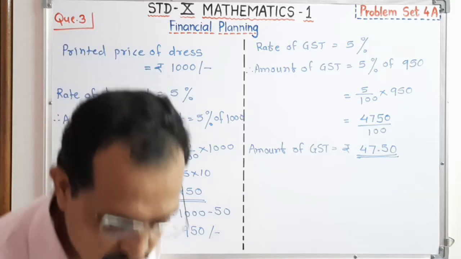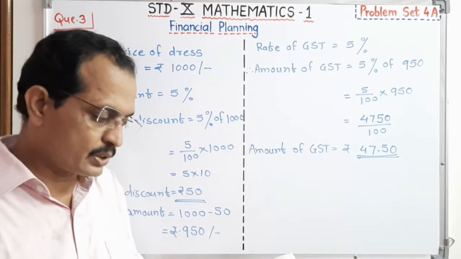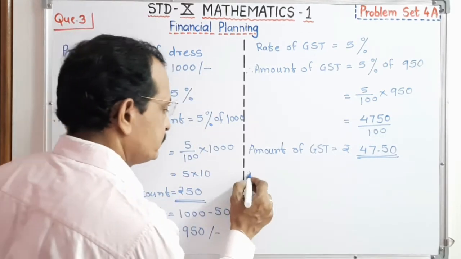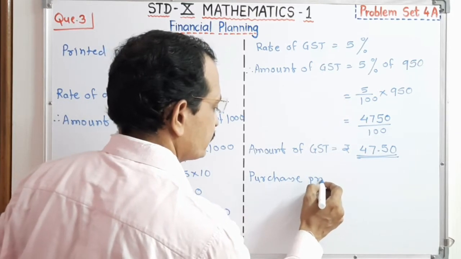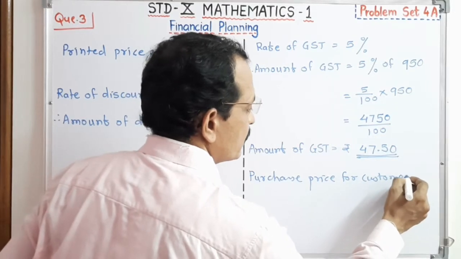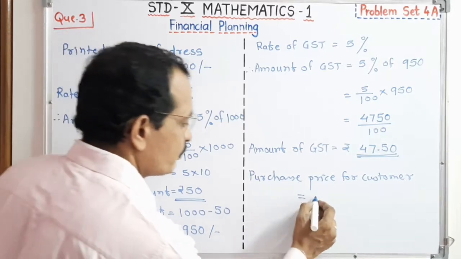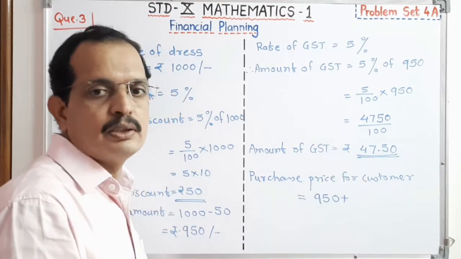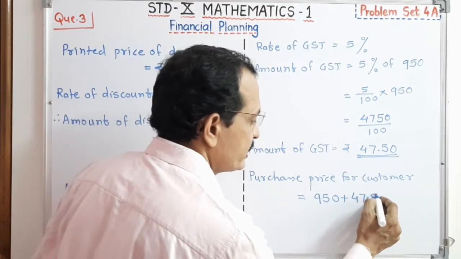Now the question is, what is the purchase price of the dress for the customer? Therefore purchase price for customer is equal to, first of all, this discounted amount 950 plus we have to add the GST in that. GST is 47.50.